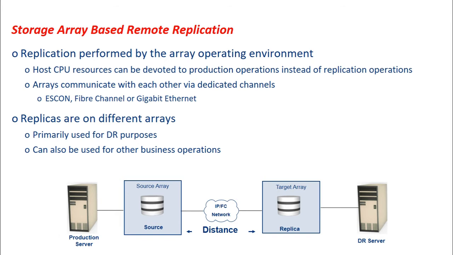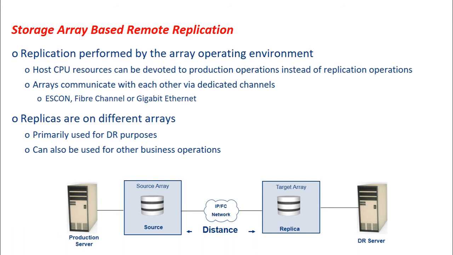A source and its replica device reside on different storage arrays. Data can be transmitted from the storage array to the target storage array over a shared or dedicated network.